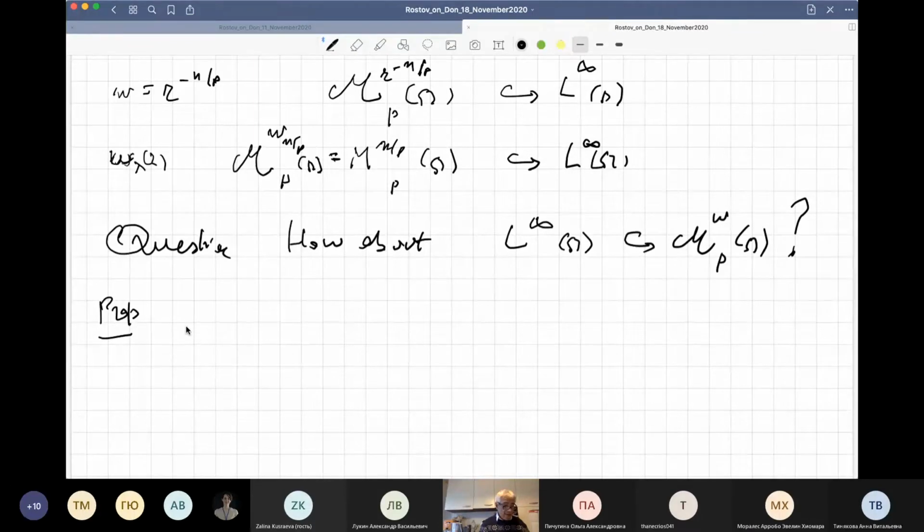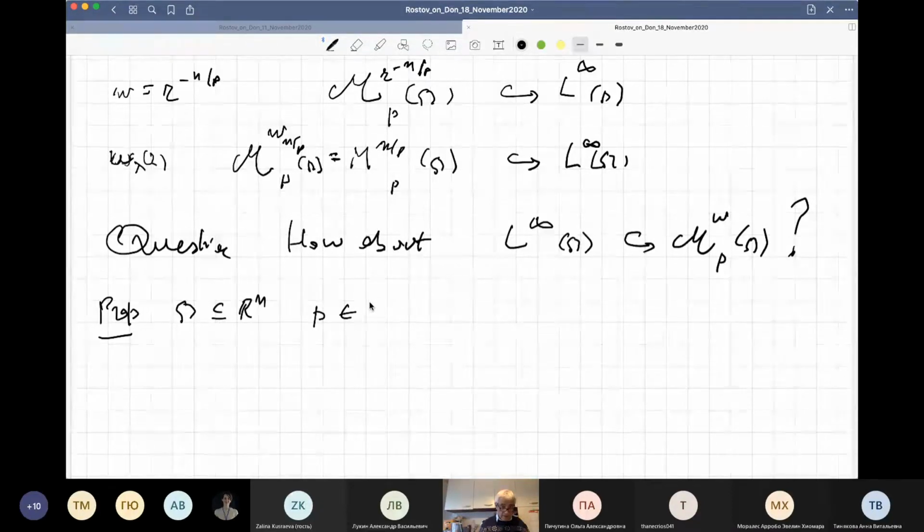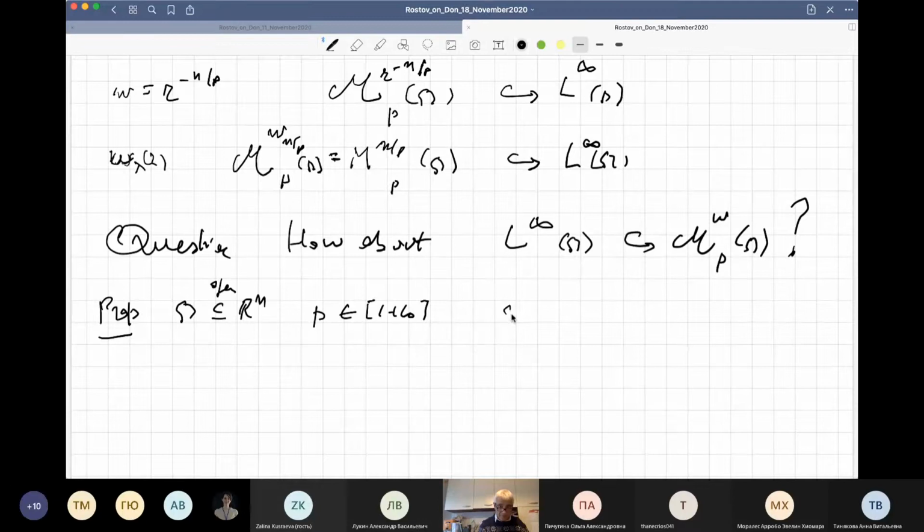So again, once more, omega subset of Rn, no condition, the exponent p in 1 plus infinity, open. But no boundedness condition, for example, finite volume, nothing. W from 0 plus infinity to 0 plus infinity, maybe 0 somewhere.